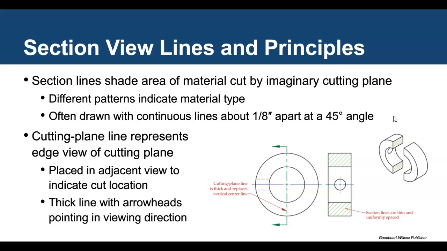Now, in drafting, if we were actually board drafting, we would keep the pencil that we were using to a nice sharp point to be able to generate that. And today, with most of this being generated by CAD, the program itself takes care of all of that, so we don't have to worry about it as much as we used to.